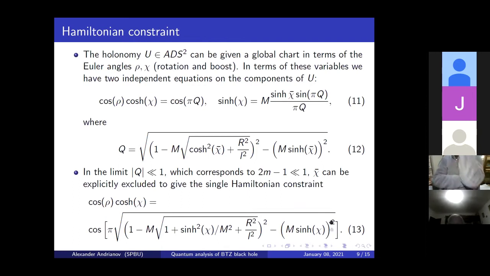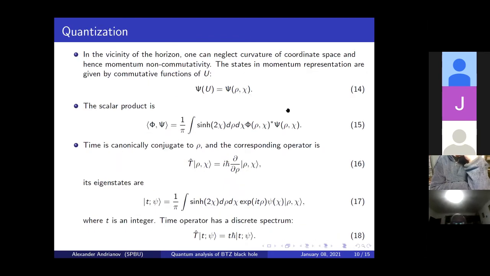And finally, we have a single Hamiltonian constraint. Once we have solved it, we parameterize the wave function by these angles, scalar product, and time is canonically conjugated to rho.